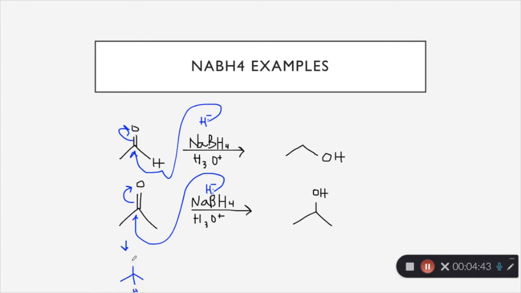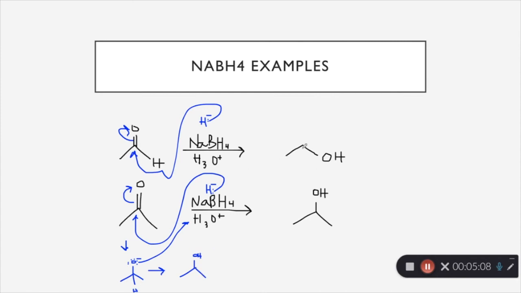And then you're going to have an oxygen with a negative charge. And then you have the acid right here. That negative charge will come and grab one of the hydrogens of the acid, and that will protonate that, leaving you with a hydroxyl group on a secondary position.